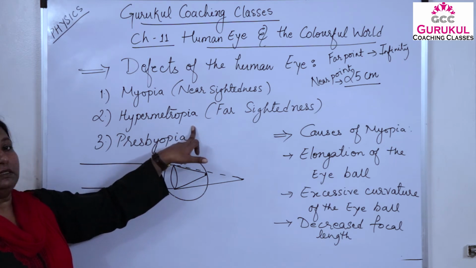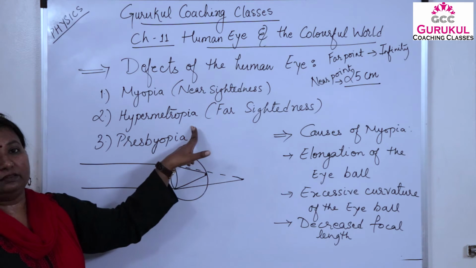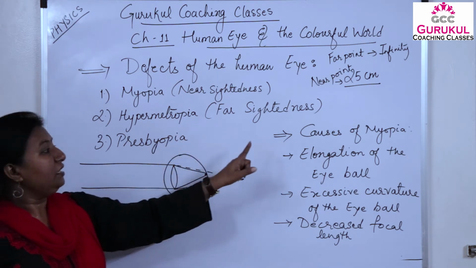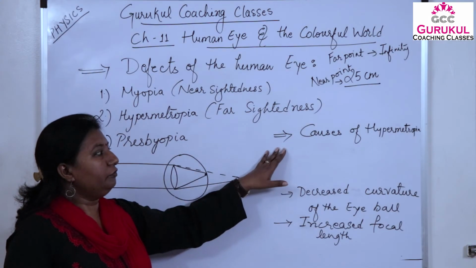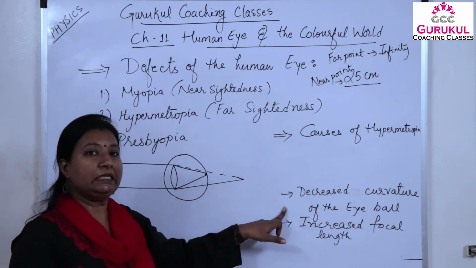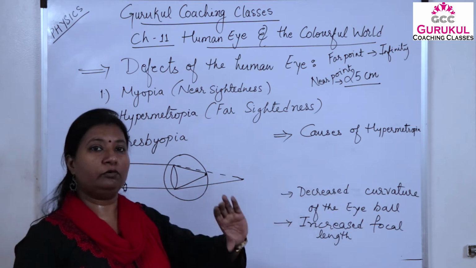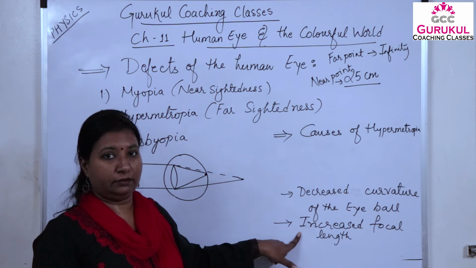In that case, we use a convex lens to rectify this defect. The main causes of hypermetropia are the decreased curvature of the eyeball, meaning the curvature of the eyeball will decrease because of the increase in the focal length.